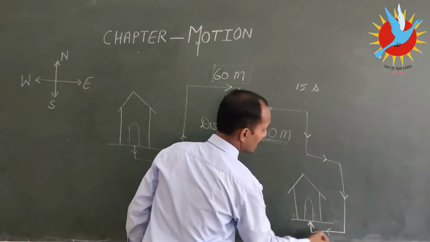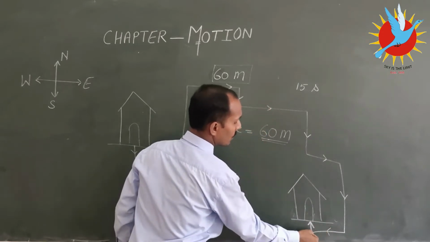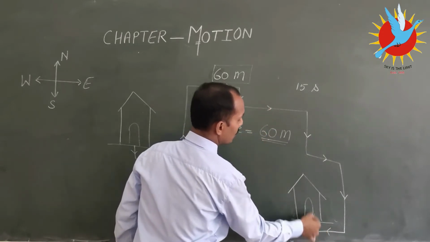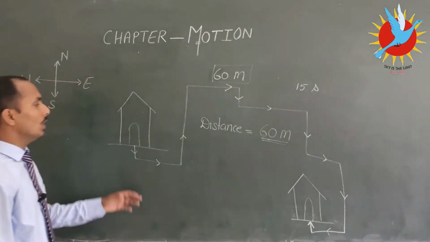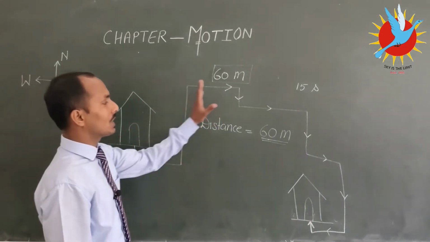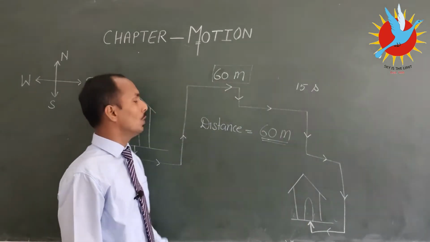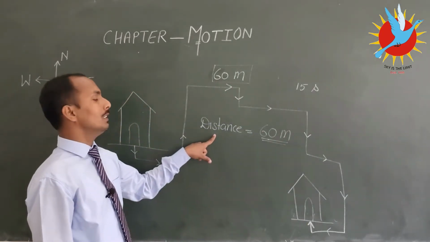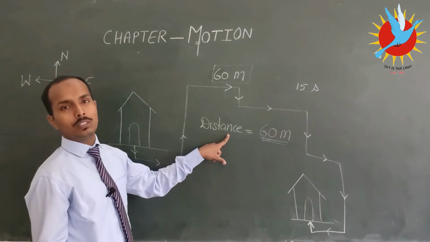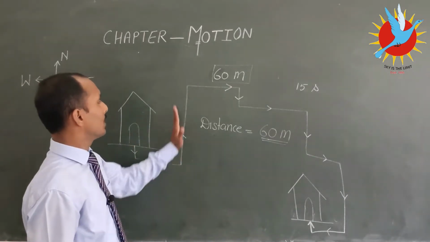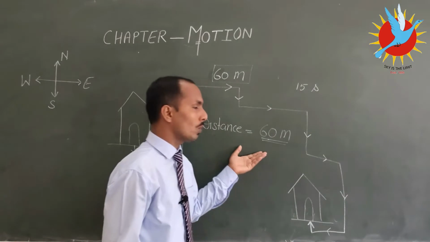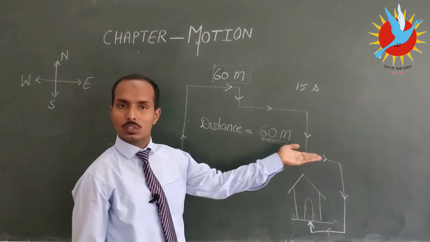Now you move towards west and finally towards north. So the direction is different when you follow the path, and distance does not depend on direction, so I do not write any directions.